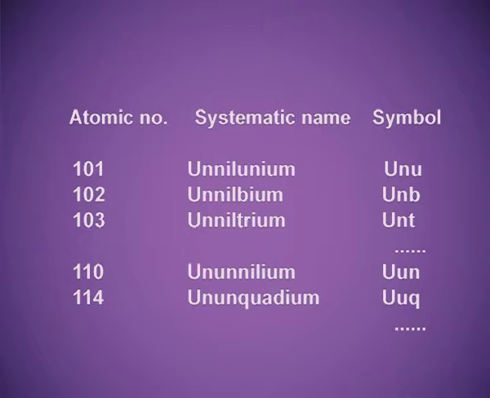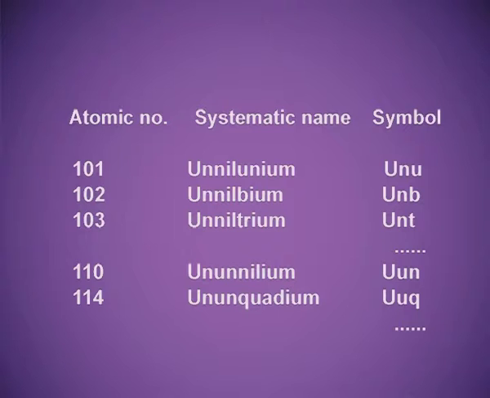The first alphabet U will be capital and the next alphabets will be in small, that is small n and small b. Similarly, the element with atomic number 103, its name will be un-nil-trium. Its symbol is Unt.